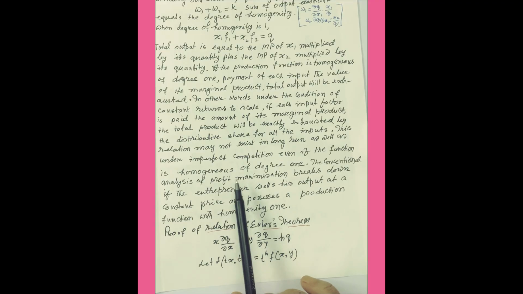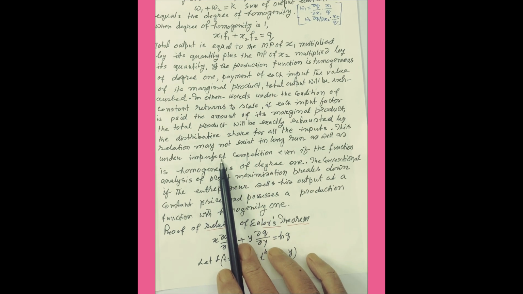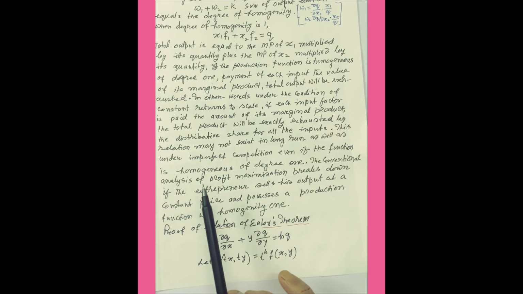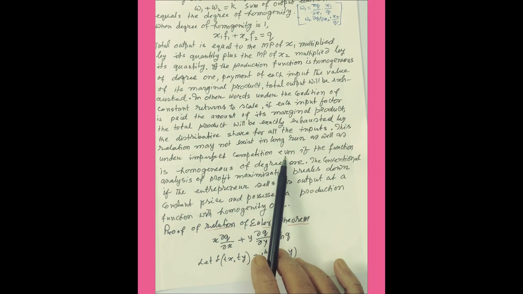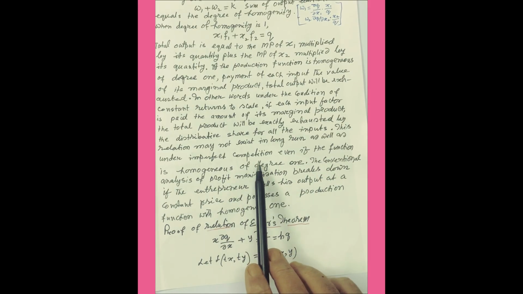So Euler's theorem may not work under imperfect competition and in the long run. The conventional analysis of profit maximization also breaks down if the entrepreneur sells his output at a constant price and possesses a homogeneous production function.